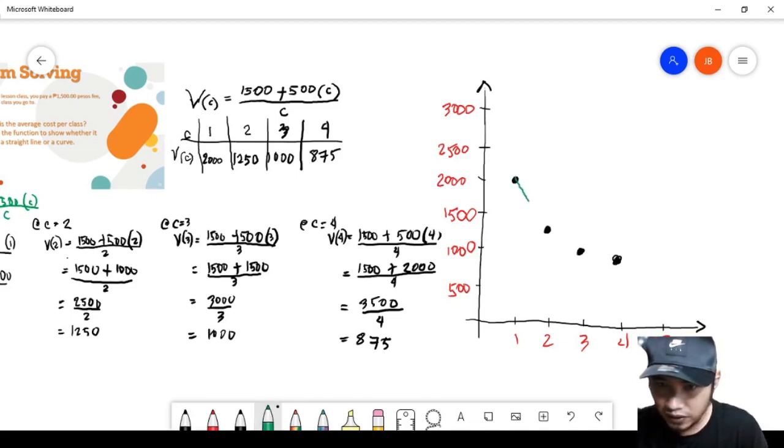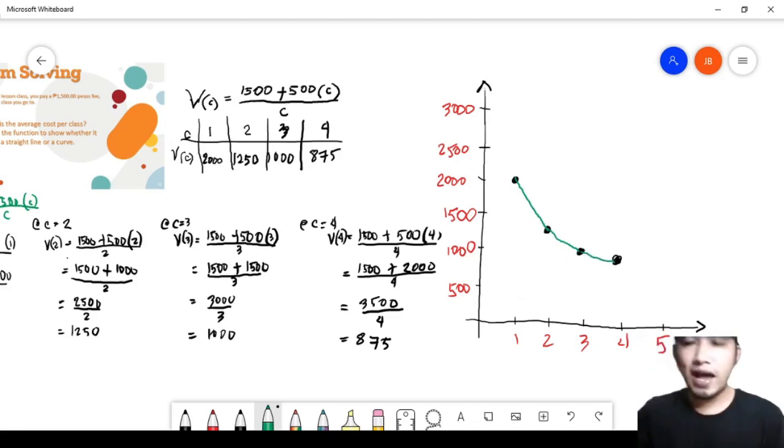So, let's plot. Ayan. So, na-plot na natin. So, ano ba siya? Straight line or curve line? Oh, di ba? Curve siya. Nag-kilo siya. Kaya, curve line.